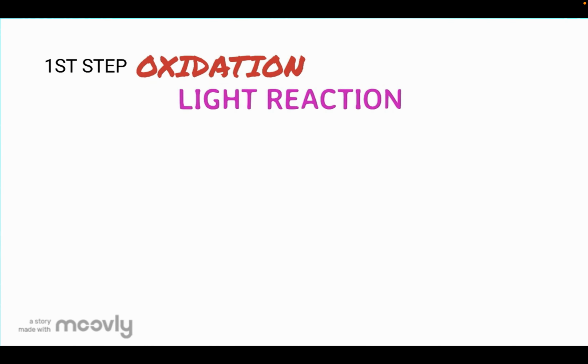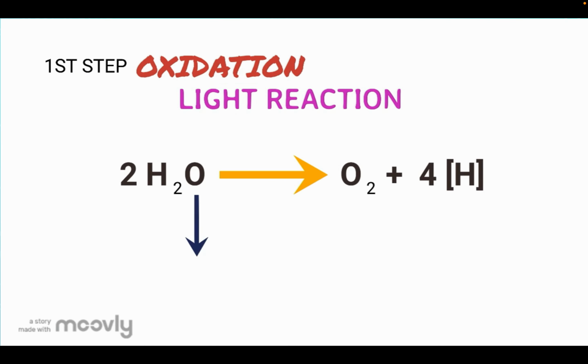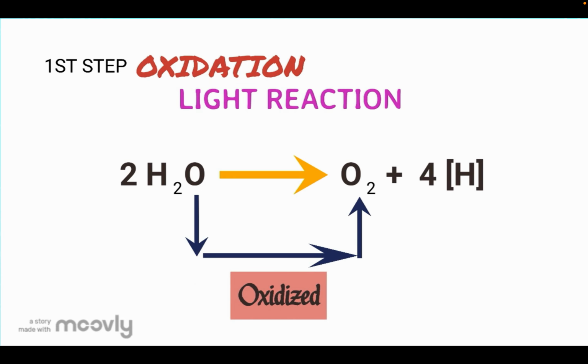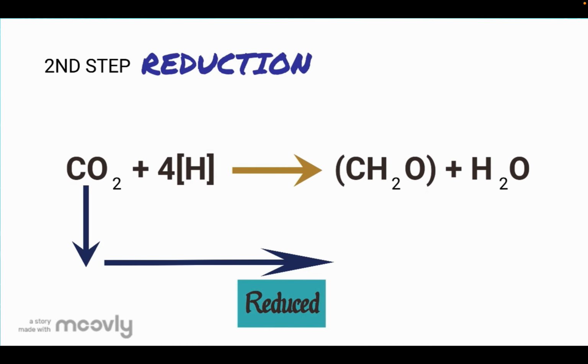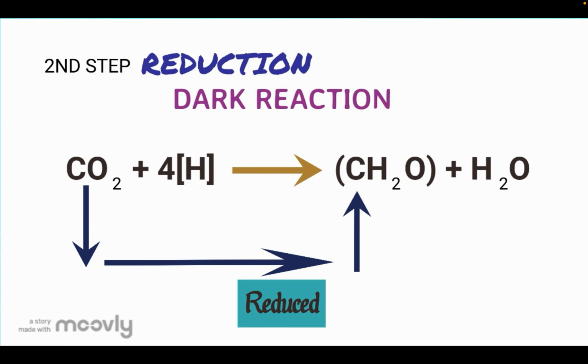For the first step, we have a light reaction taking place when the oxygen in water is oxidized by the light energy. H here represents a reducing agent. For the step 2, we have the hydrogen reduces the carbon in carbon dioxide, a type of dark reaction.